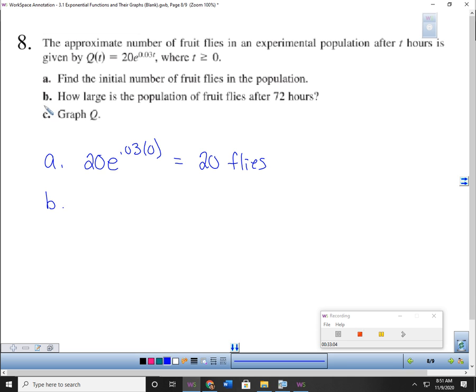All right, it says, how large is the population of fruit flies after 72 hours? What are you going to do with this 72? T represents time. So where does the 72 go? With the T, right? So I would have 20 times e to the 0.03 times 72 hours. So grab my calculator.